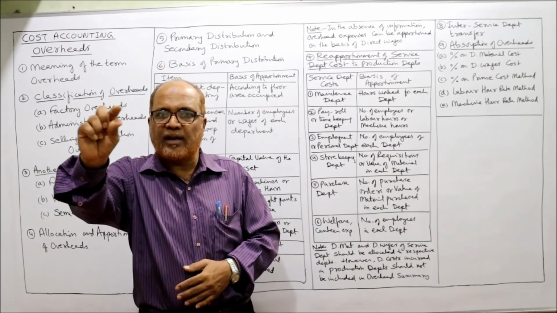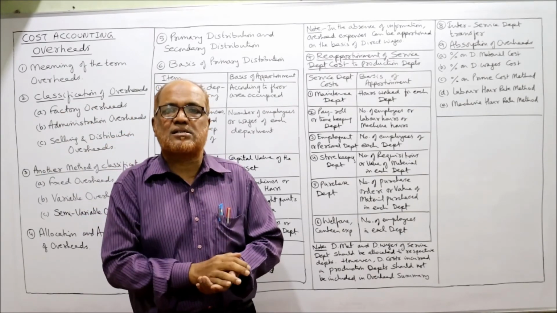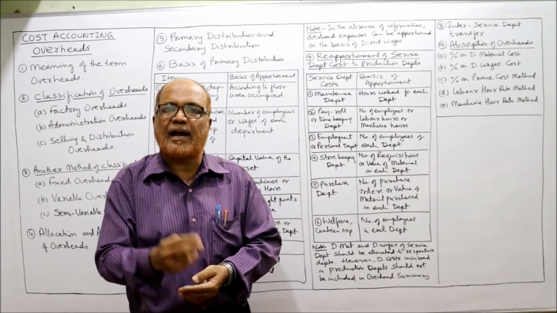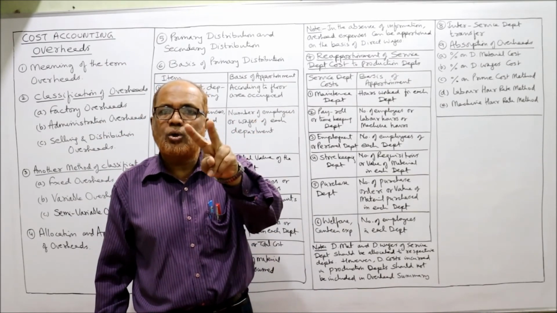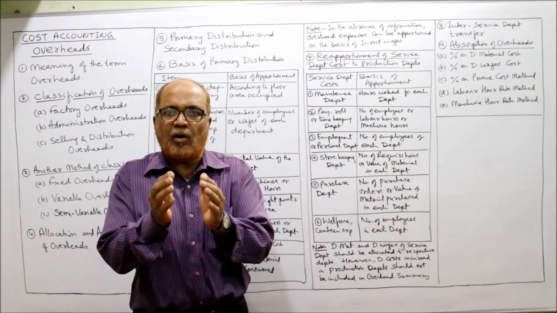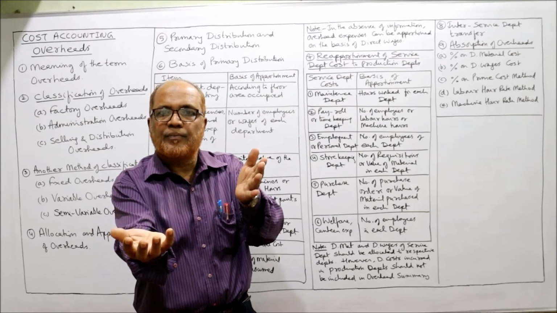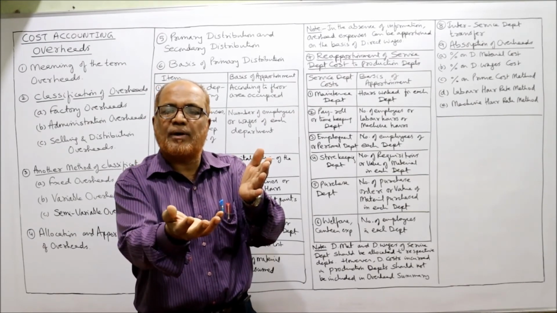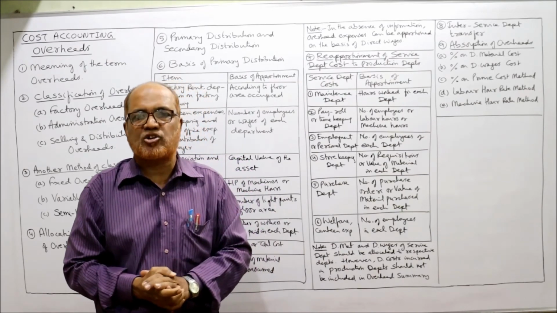So 2 lakh divided by 1 lakh, 2 rupees. That means for every 1 labor hour, 2 rupees is the factory overhead. Now in the current year we find out how many labor hours have been worked on a particular job. Suppose 100 labor hours are worked. So 100 into 2, 200 rupees will be charged as factory overhead.